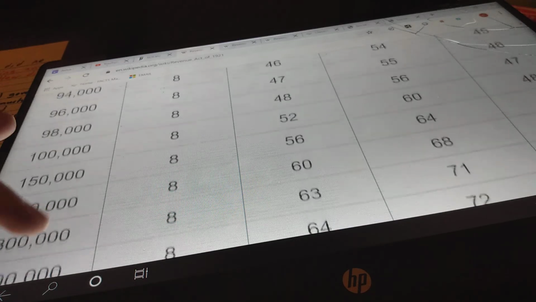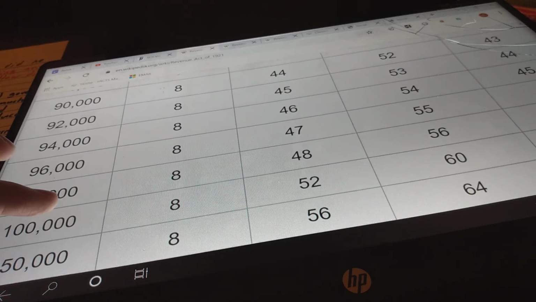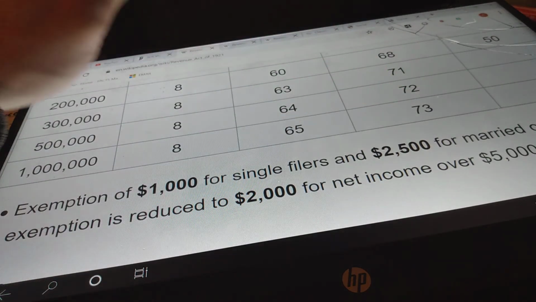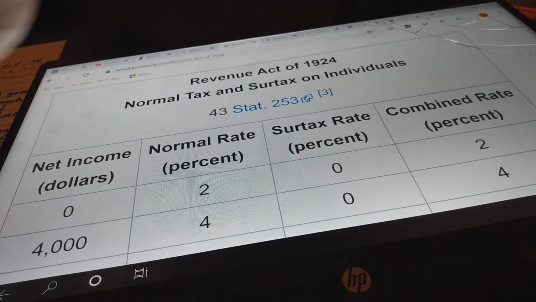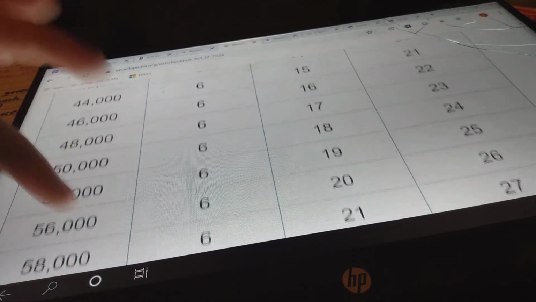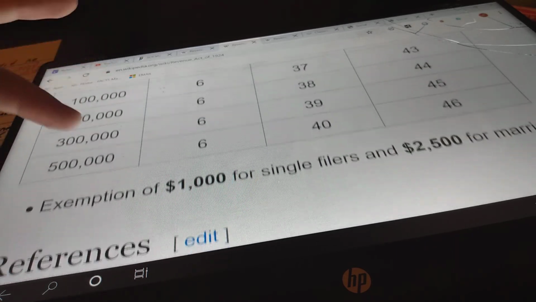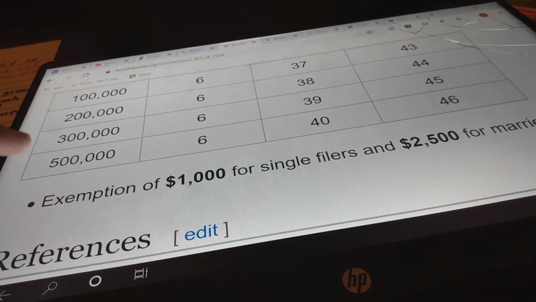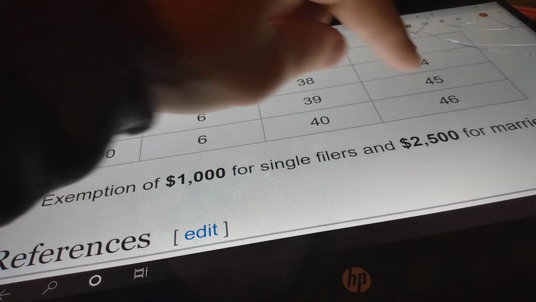All right. So somebody who earns $100 million, they'd be taxed 73% in 1921. In 1924, well, this doesn't say, but just to give you a reference, if somebody makes $500,000, they get taxed 40.